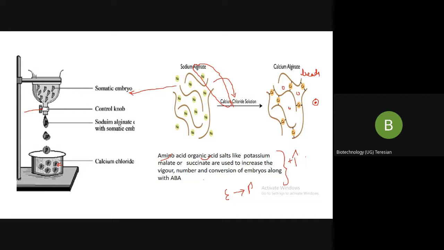What is the limiting factor here? Your limiting factor is your oxygen. It cannot easily pass through it, and that phenomenon is known as mass transfer limitation. So oxygen is limited here. Now, this requires oxygen. What will you do? How will you supply oxygen?